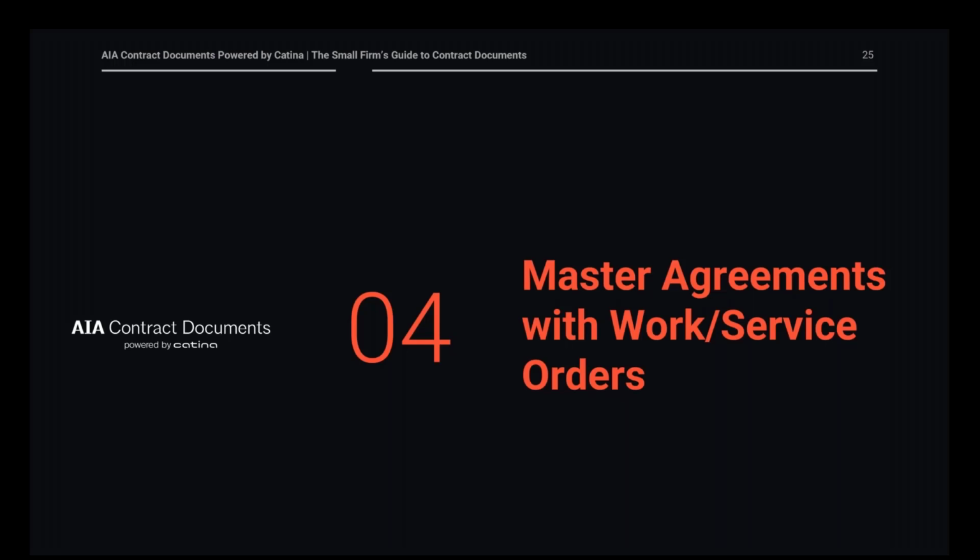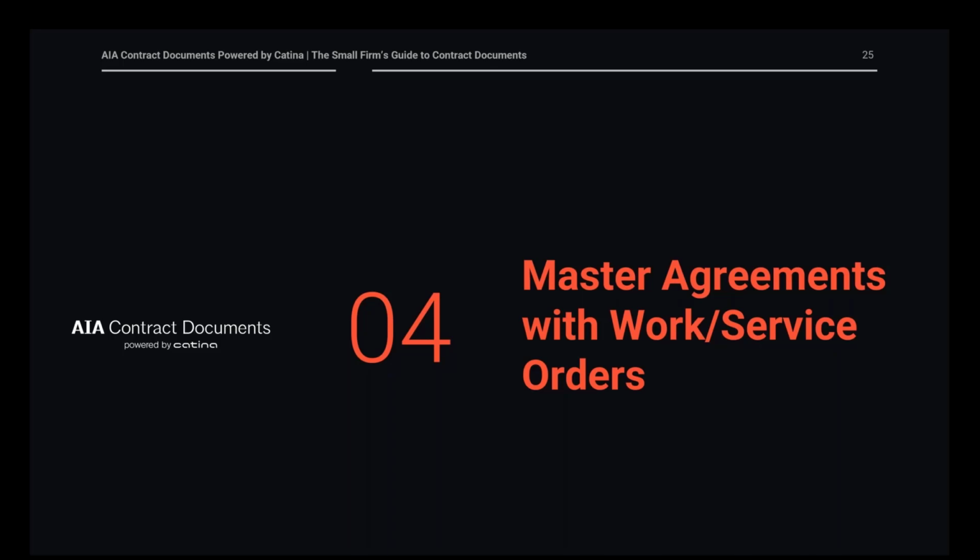So what we've talked about so far often deals with a one-off situation. I've got a project. I need to engage an architect to design the project and help me with the procurement or bidding phase, and then do some contract administration perhaps.